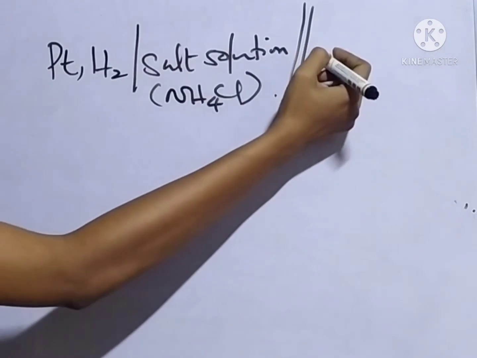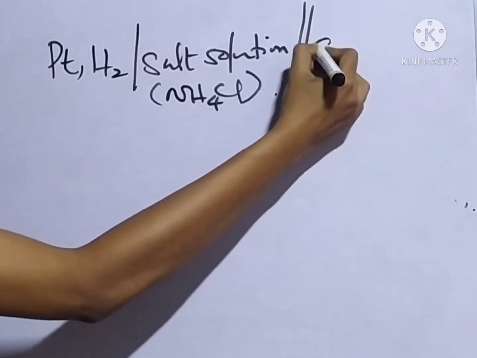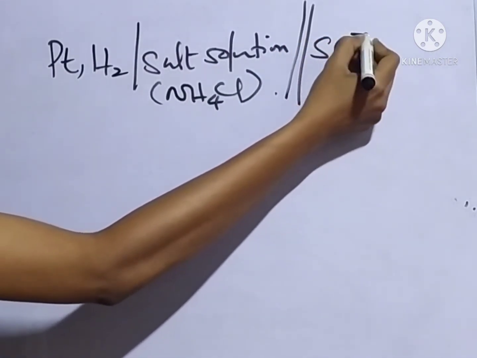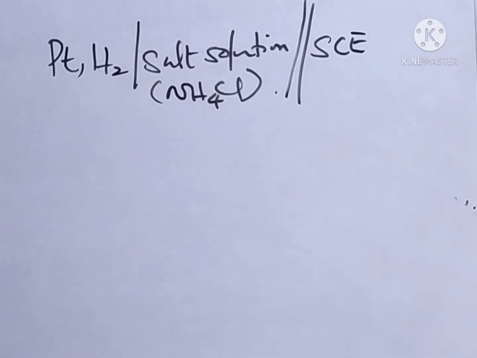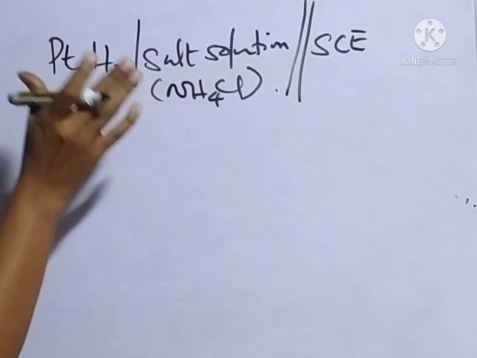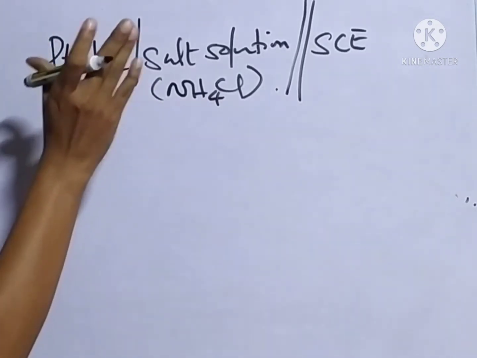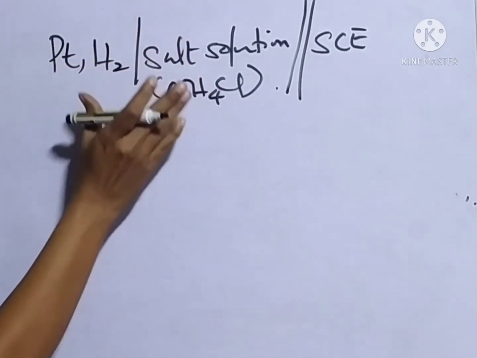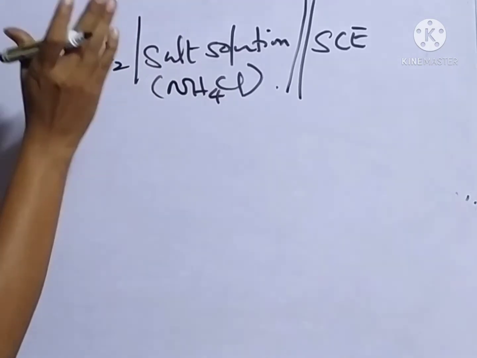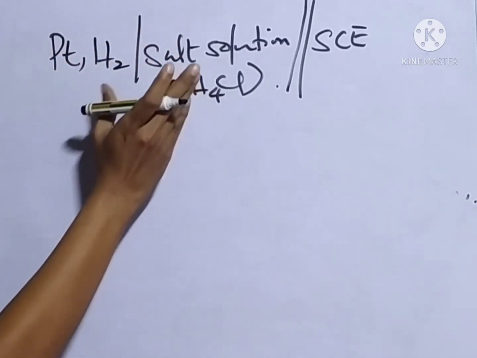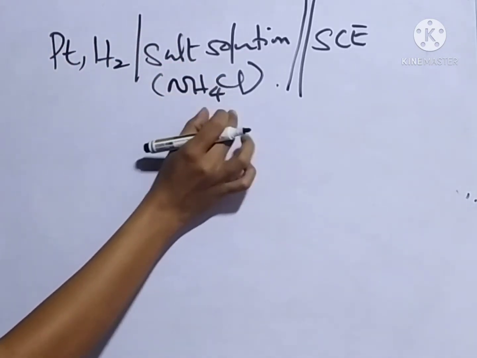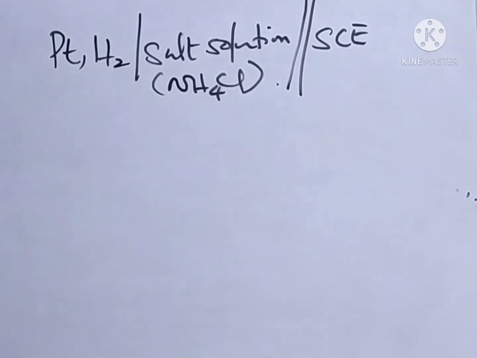And I require a standard electrode. I'm going to take the standard calomel electrode. Here the EMF value of this cell will entirely depend on the concentration of H+ ions provided by the hydrolysis of ammonium chloride.